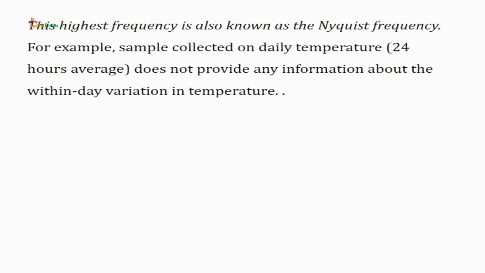So, if you are interested in hourly variation, then you must have collected data at least on each and every hour, means you must have hourly data. You may have half hourly data, or data after each and every 15 minutes or each and every minute.